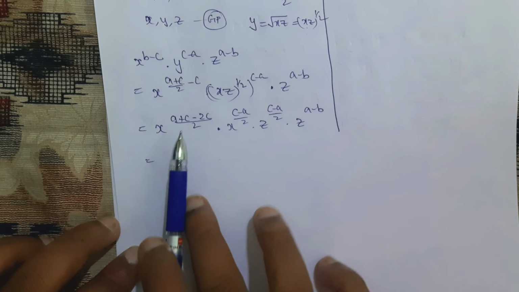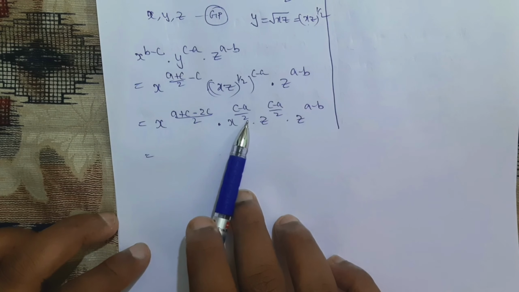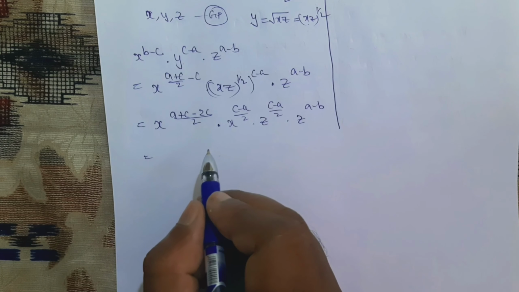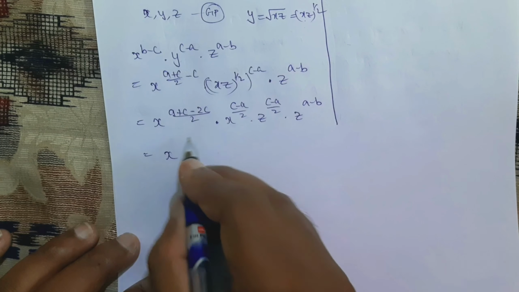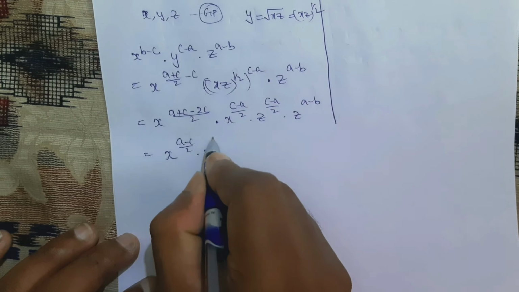Here these are in multiplication, so we can add the powers. x to the power of (a plus c minus 2c) is (a minus c) by 2, into x to the power of (c minus a) by 2. If we add these two, (a minus c) by 2 and (c minus a) by 2, we get 0.